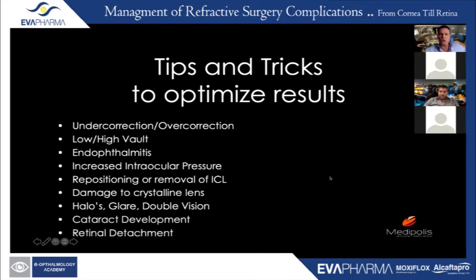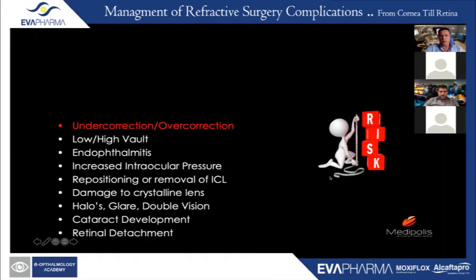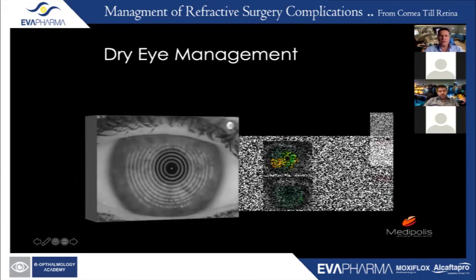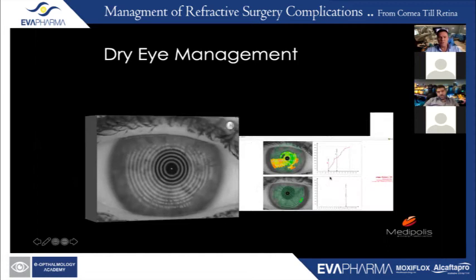First of all, we're going to talk about under- and over-correction, because when you do a pre-op measurement, it's of the utmost importance that you do a perfect refraction. I always use the same optometrist doing my refraction. I taught him how to do it, and my calculation of the ICL is based on this. But there are other issues here, because dry eyes can influence not only the keratometry readings and the astigmatism, but also the refraction.